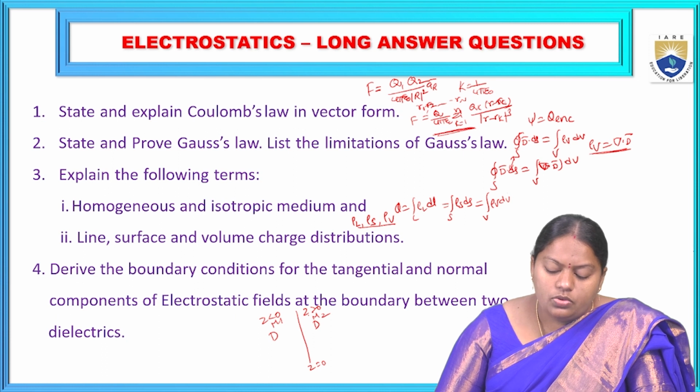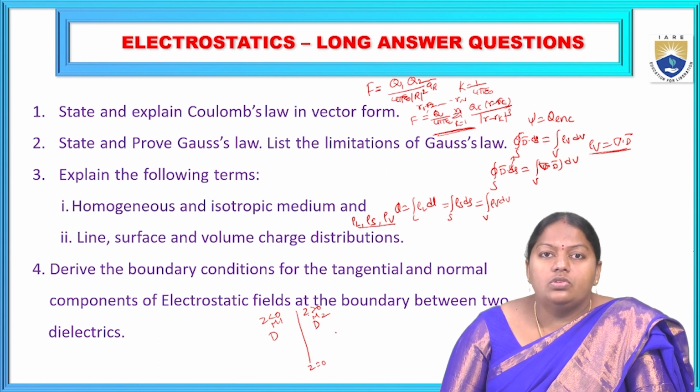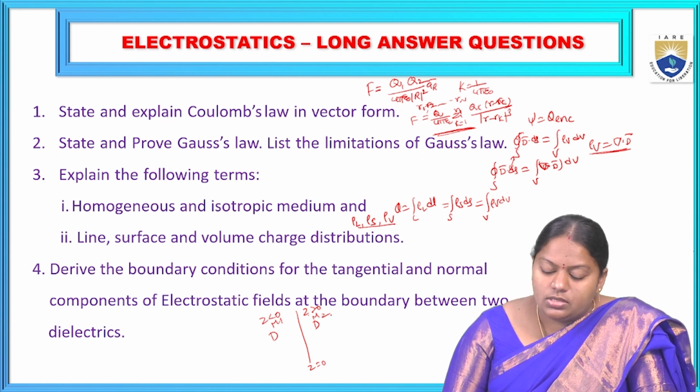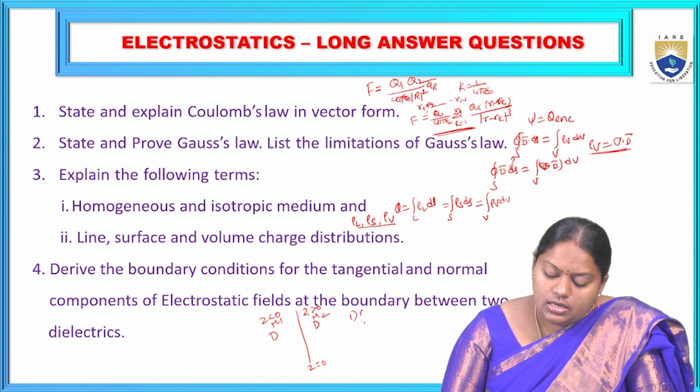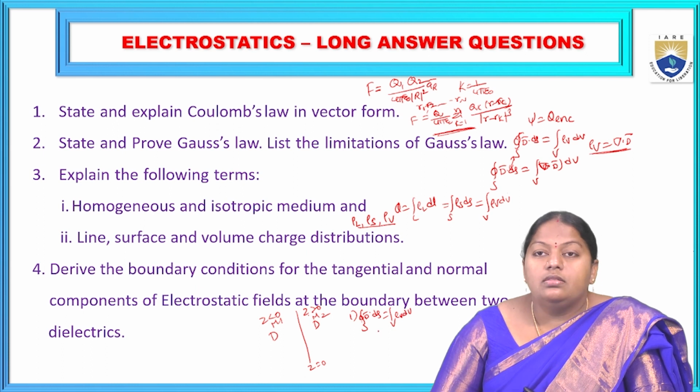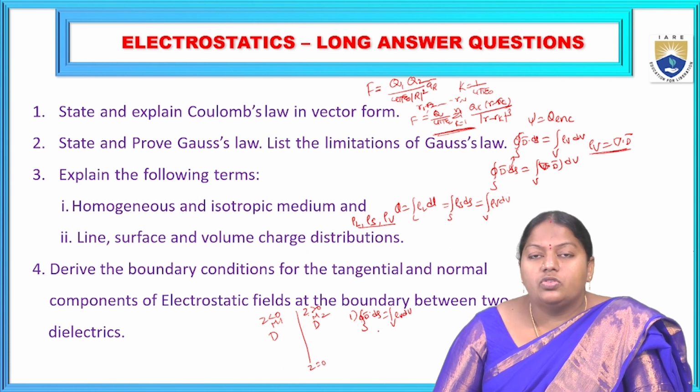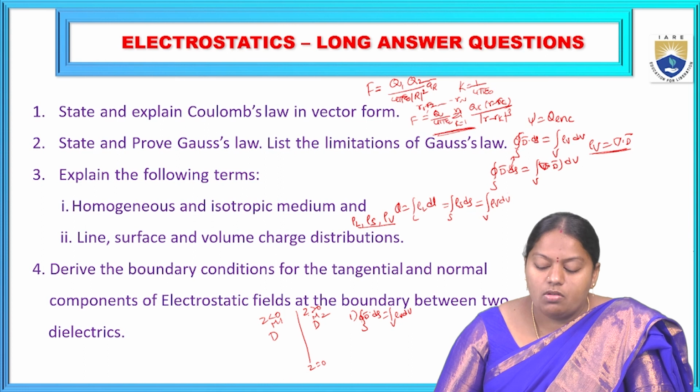For the two dielectric media, we need to use two Maxwell's equations for electrostatic fields. The first one is integral S D dot dS is equal to integral V rho V dV. This is one of the Maxwell's equations for electrostatics, derived from Gauss law.